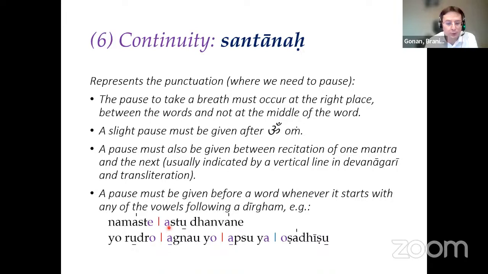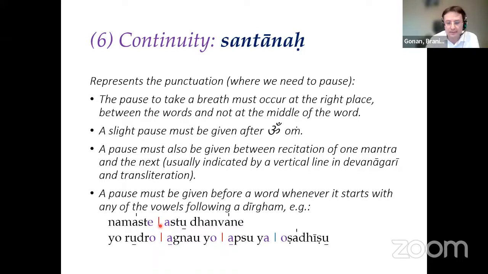Namaste, astu dhanvane, yo rutro, agnau yo, apsu ya. And then when in any other combination of the vowels, we should also mark a pause, but this pause is very short. Whether there is hrasvam following by dirgham or there are two hrasvam sounds, whatever, but only we should pause substantially when we have those red lines marked in our text.